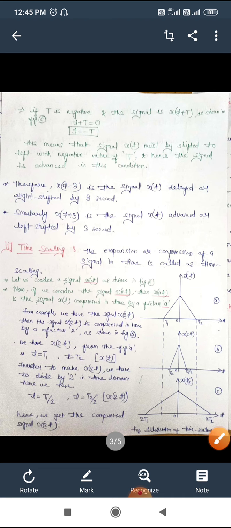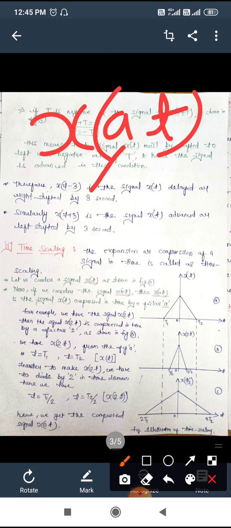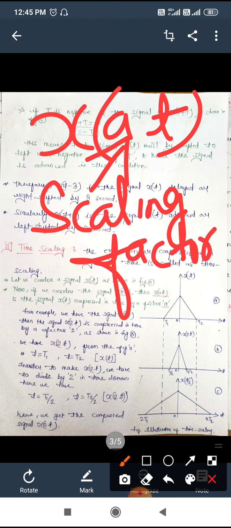Again I explain, x of at is the signal in which a is nothing but a scaling factor. Depending upon the value of a, we have either an expansion signal or a compression signal.